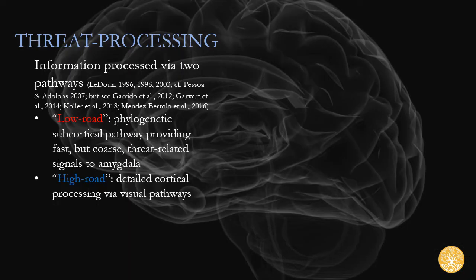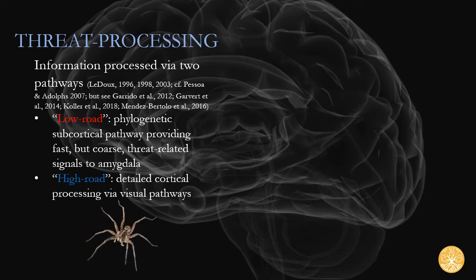And the way that threat superiority is possible is due to some pretty nifty evolved neural architecture. So what we're going to see here is a gross representation of how information is processed, but it will get the general point across. So the idea is that information is processed via two pathways, a low road and a high road.